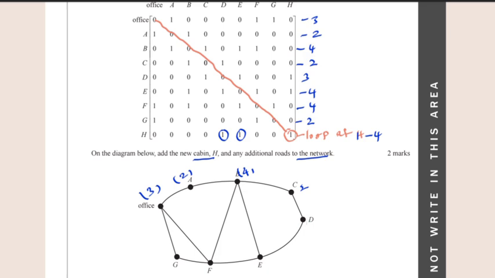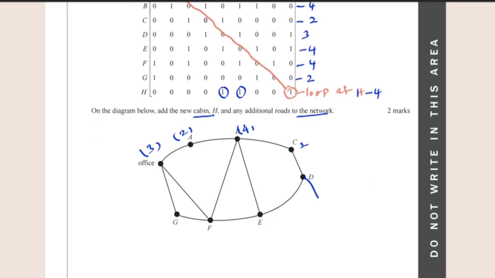I can see that there's only 2, so obviously there's one more. E is 4. There's only currently 3. So clearly you must have one more. F is 4. Yes, I can see 4 here. And G is 2. Now H is 4.